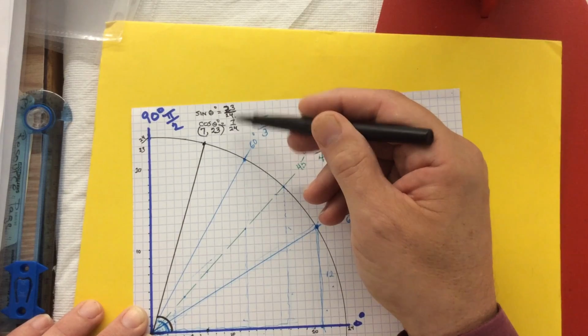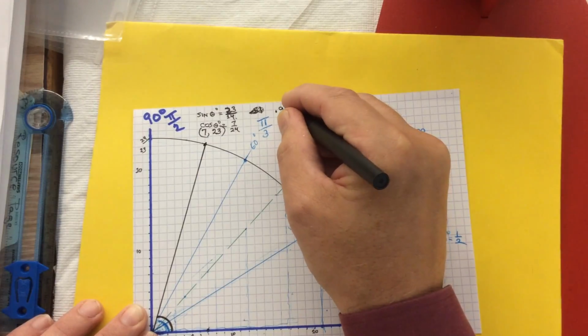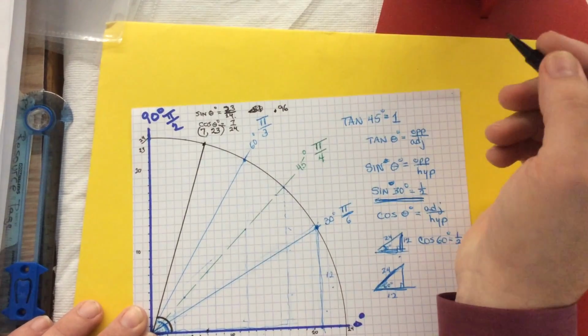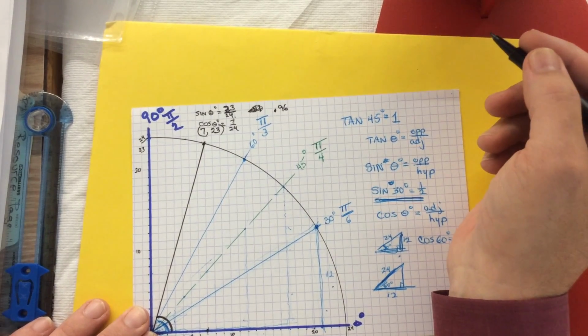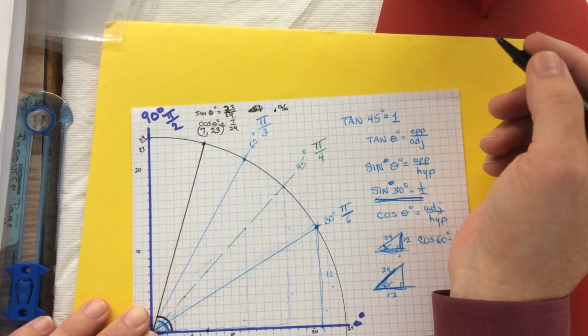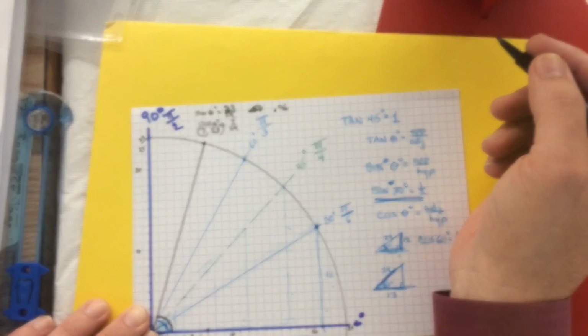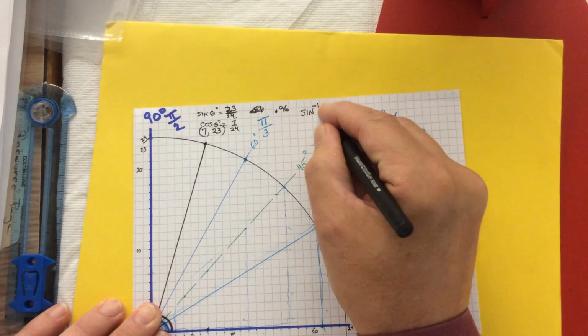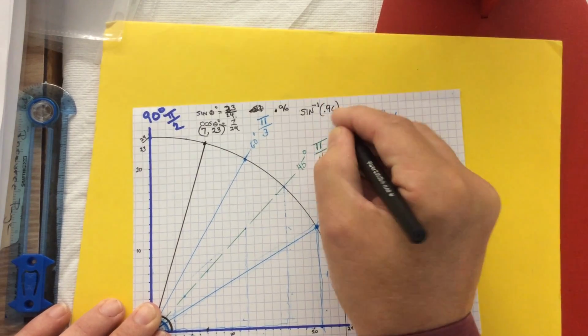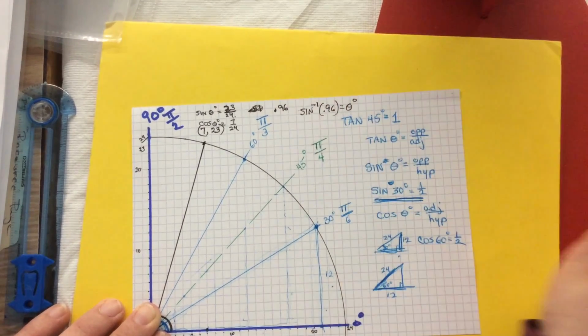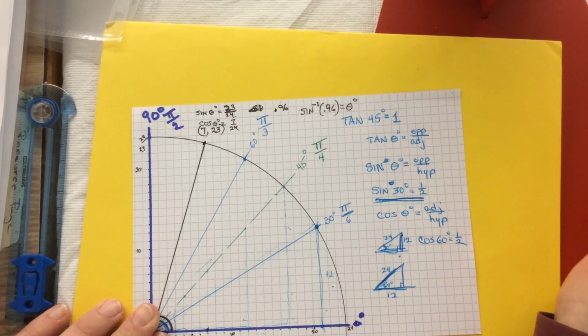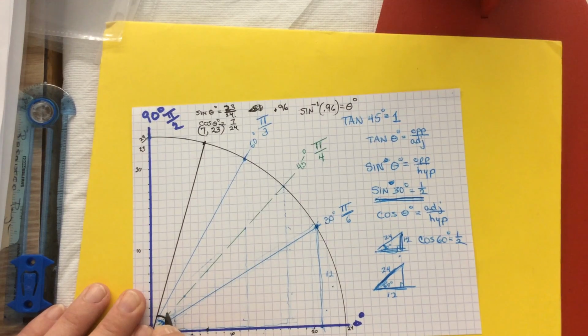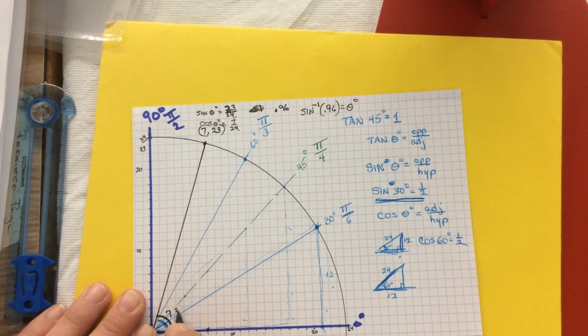So 23 over 24 is 0.96. If you did the inverse sine of 0.96, what do you get? 73.7. So in theory, this should be 73.7 degrees.